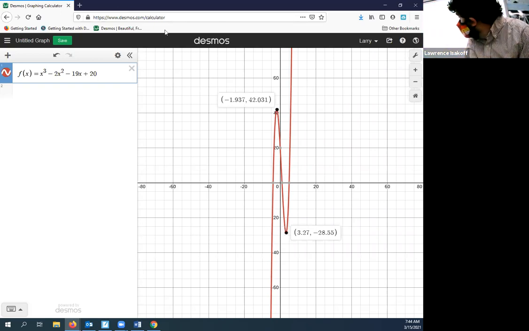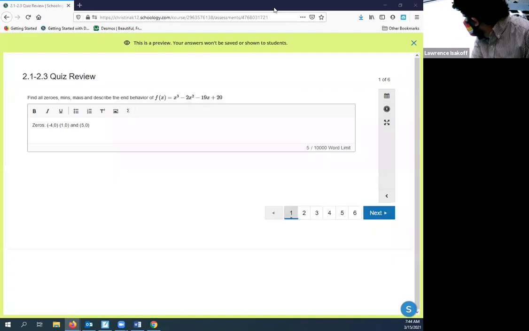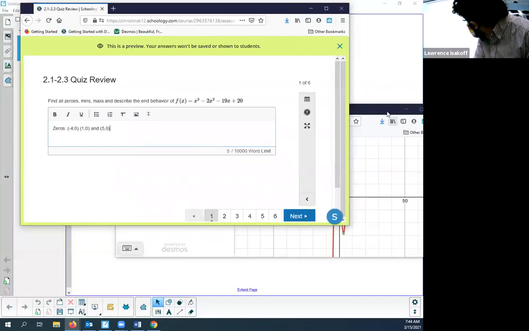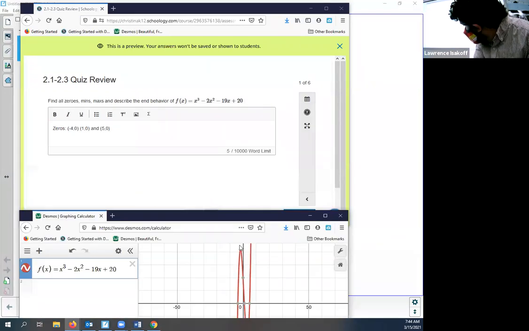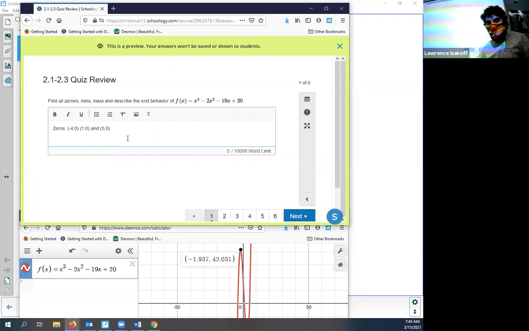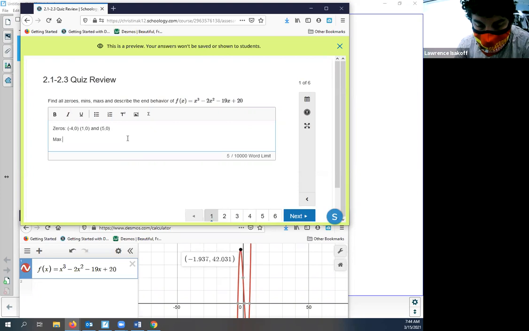Let me get it like this so I can see them a little better. Okay, so I clicked on that point. This was a max because it was peaking there: (-1.937, 42.031).